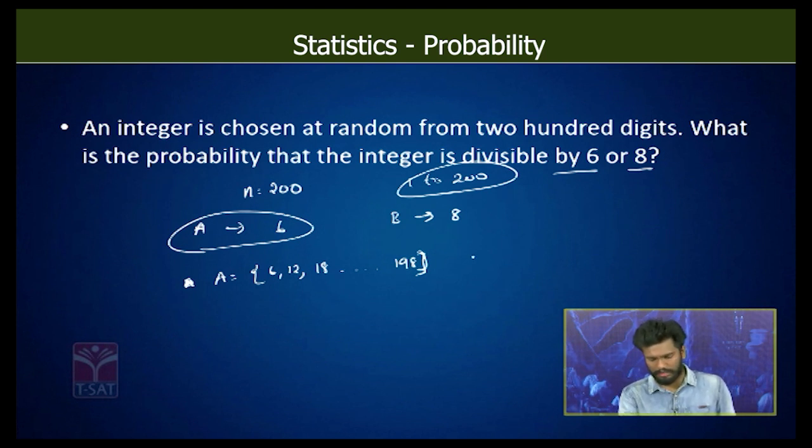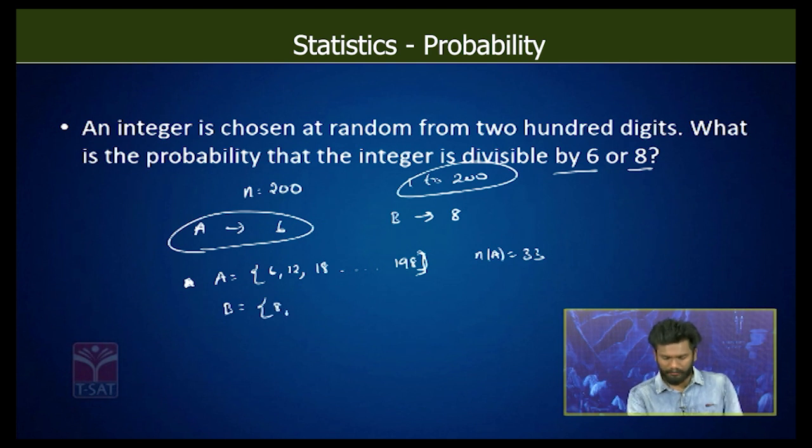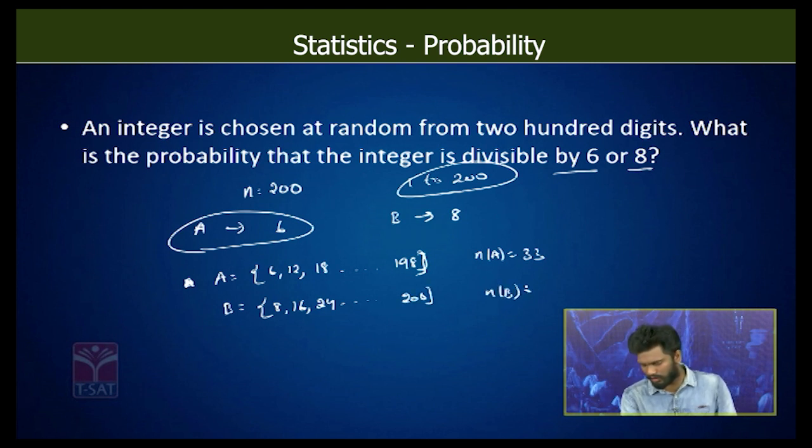So how many numbers are there here? n of A is 33. Similarly, write set B: 8, 16, 24 and so on, the last being 200, which is divisible by 8. So n of B is 25.